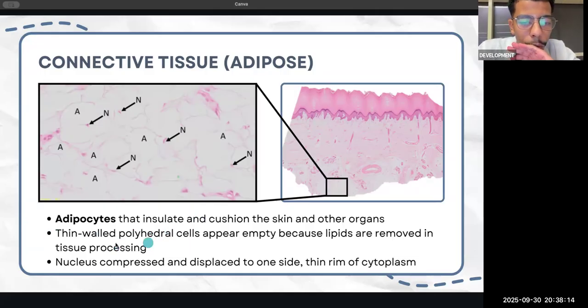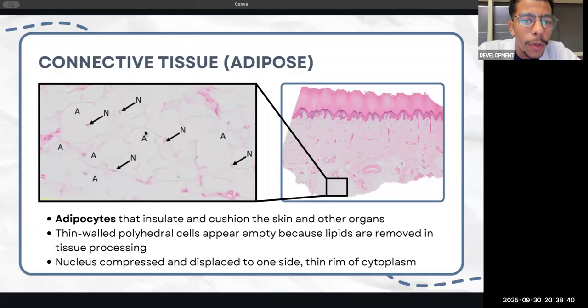And we said that the cells have a thin rim around them, like the wall is really thin. You can see that on the slide. And the cell itself looks empty. It looks like there is nothing in there, but actually there was fat, but it got washed off when we were preparing the slide.